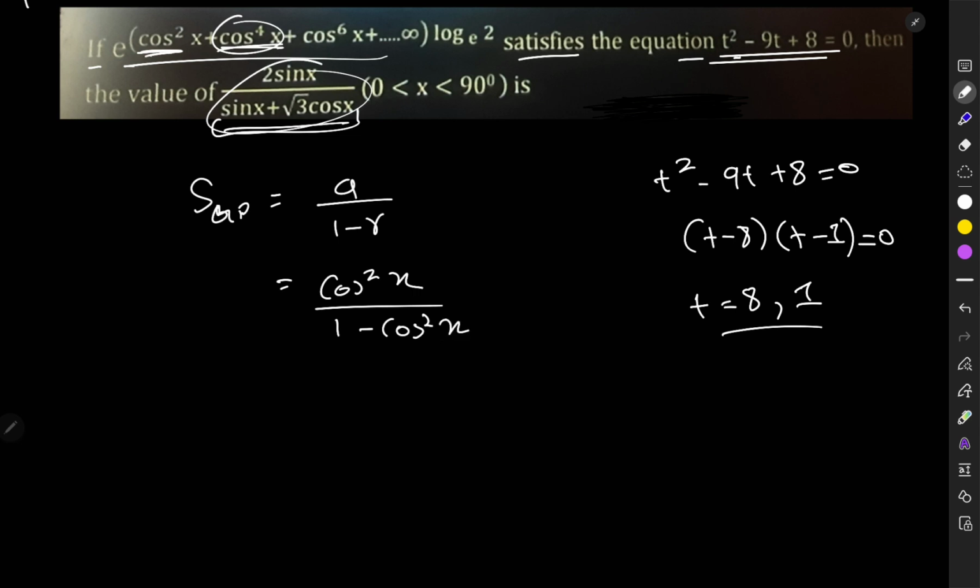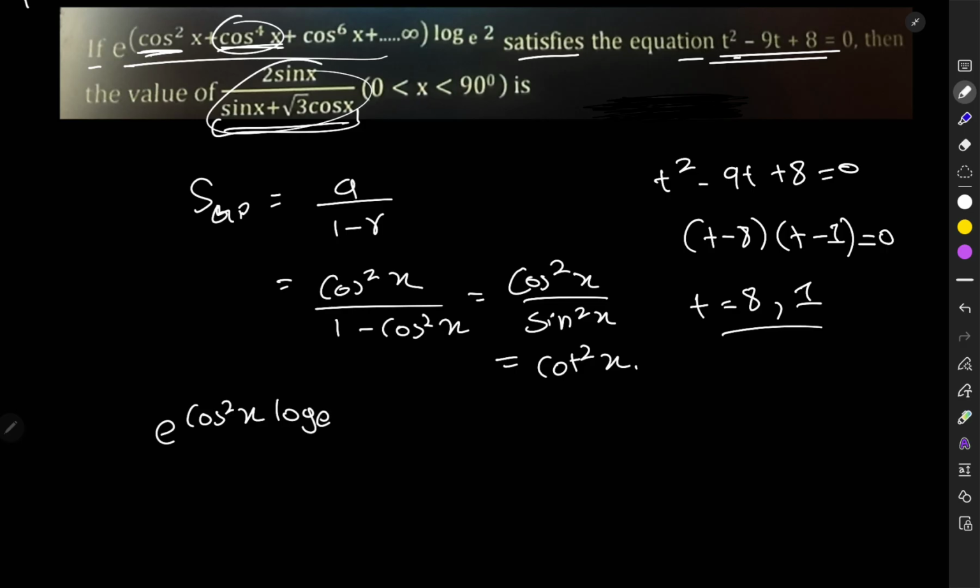Divide this by this, you will get cos square x. So I can write cos square x by sin square x, and this will be converted into cot square x. Okay, now we have got cot square x, right?